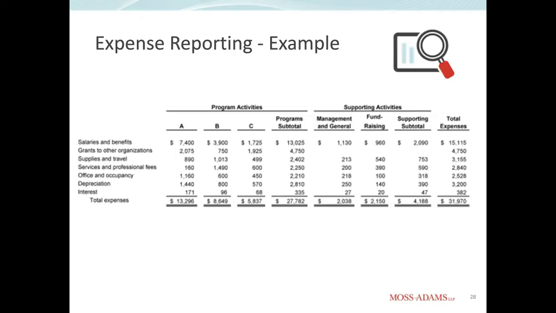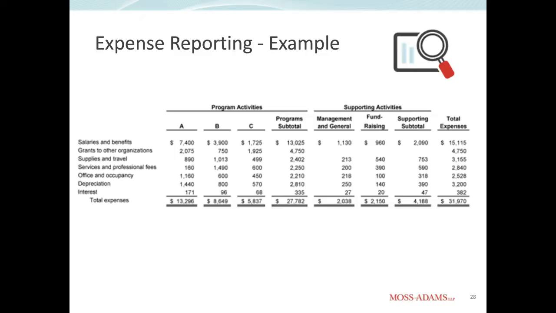Those total expenses typically then are the same amount as the expenses on the statement of activities. So it's important to ensure that you allocate all those expenses and capture all the expenses within the statement of functional expenses.